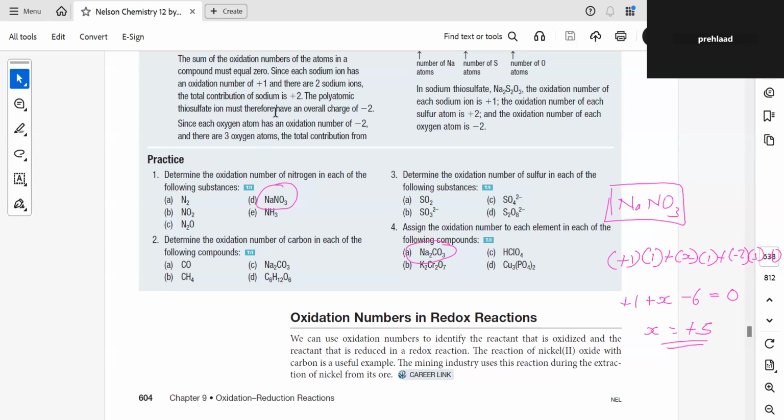That is understood, because that is the most important part in order to understand the half reactions and the other stuff.